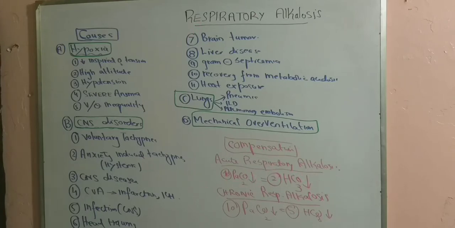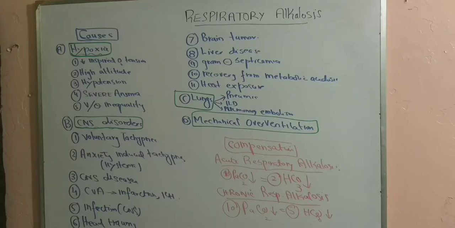And if the problem is with the kidney or the bicarbonate, the compensation will come from the lung side or respiratory limb. The major difference is that lungs start to compensate for the primary metabolic problem immediately, but the kidneys take 2 to 5 days to complete the compensation for the primary respiratory problem. So we divide the compensation for the respiratory problem into acute and chronic respiratory alkalosis.